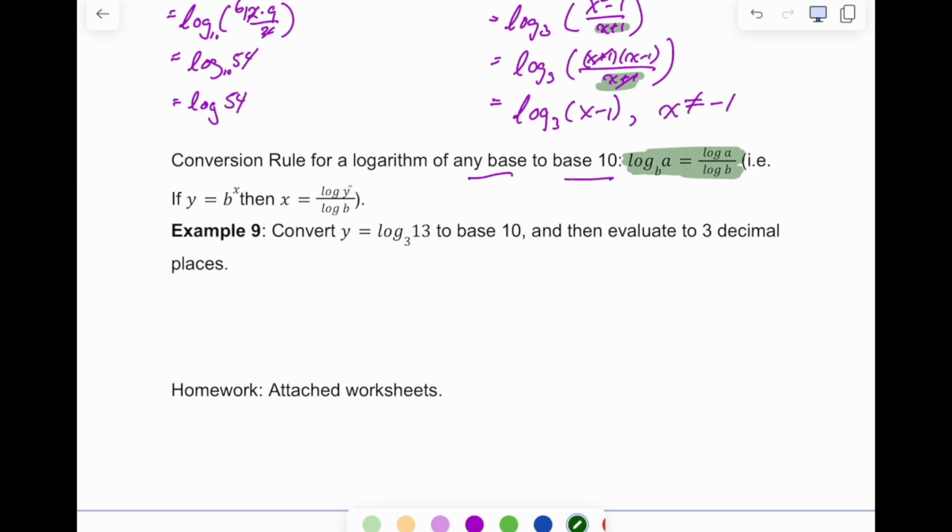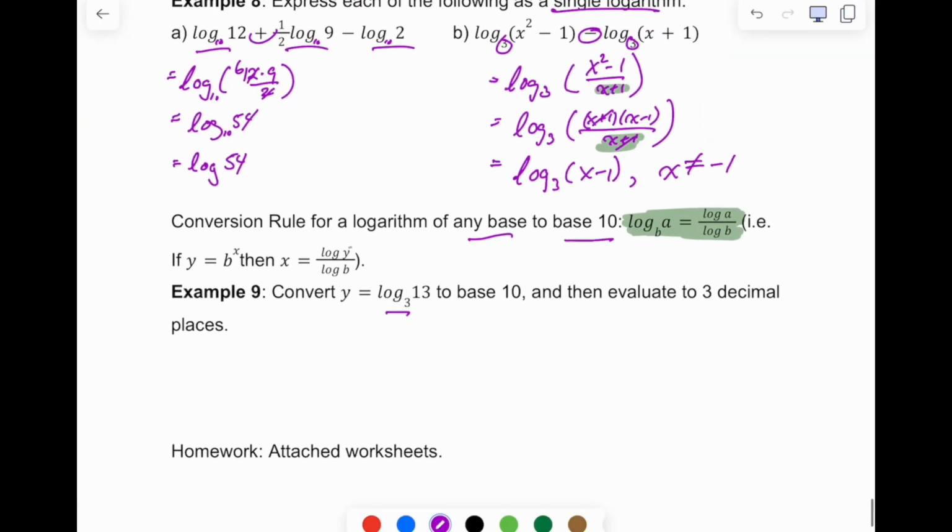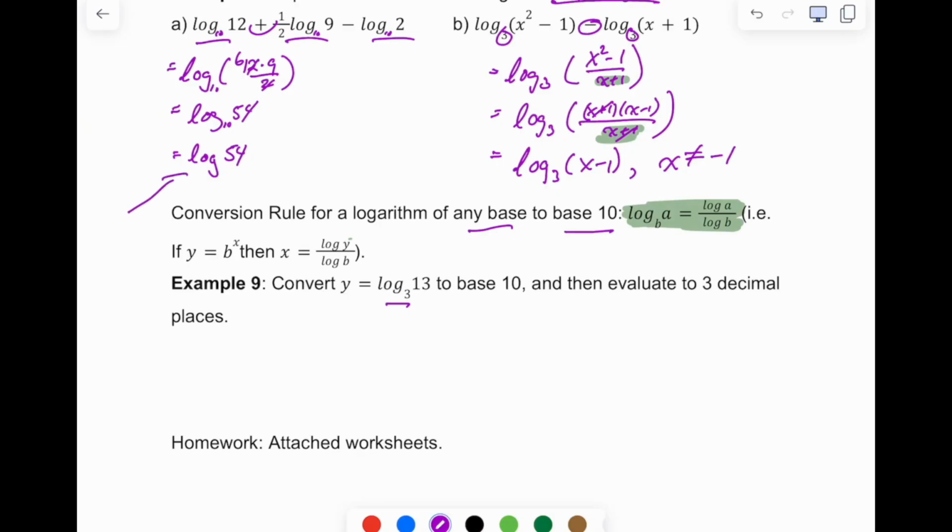Okay? So in this case, we want to convert log base 3 of 13. Well, that we could just plug in our calculator, because all calculators should have a log base 10.